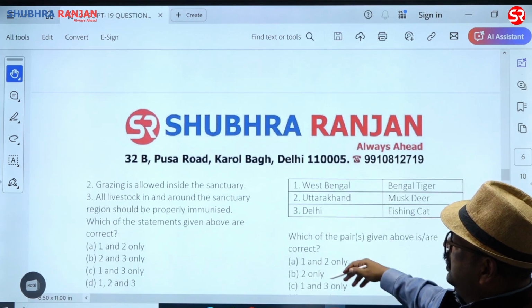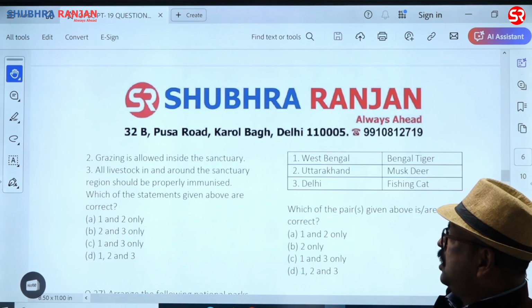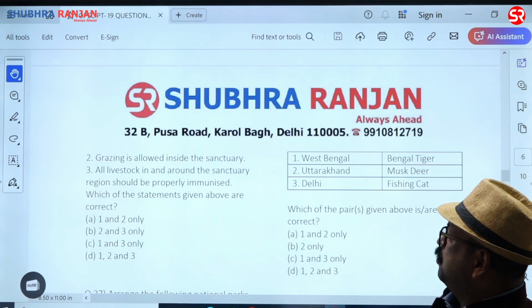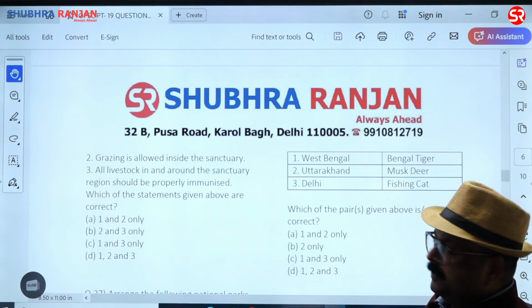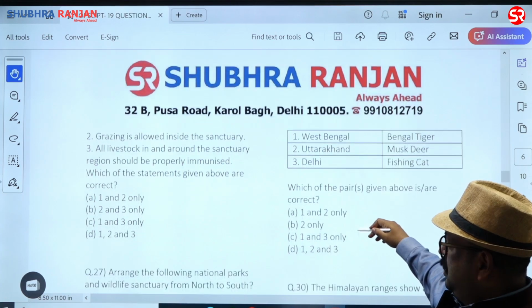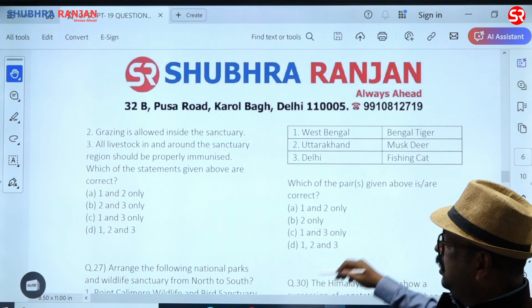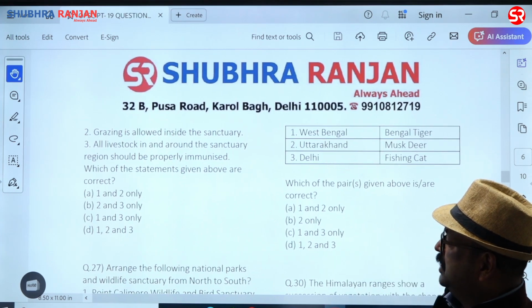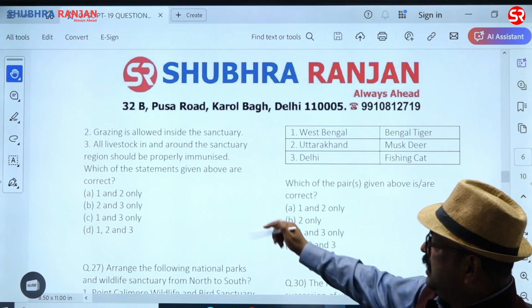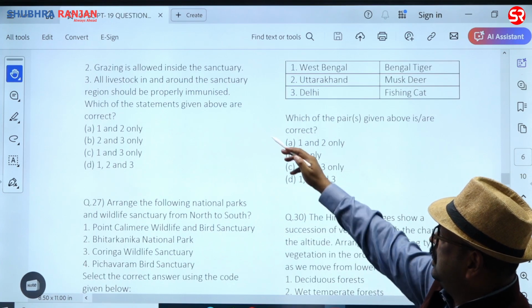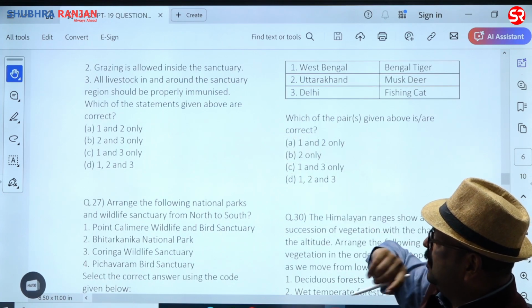Grazing is allowed inside the sanctuary, it's not. All livestock in and around the sanctuary region should be properly immunized. 26 has answer C. 1 and 3 is the right answer. Grazing is not allowed ना, is allowed inside the sanctuary जो लिखा हुआ है वो गलत है.